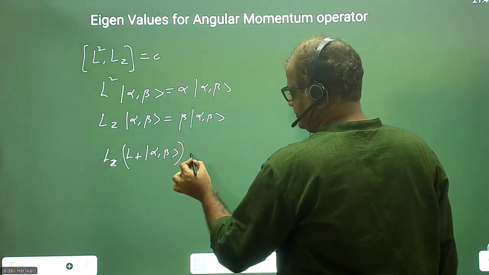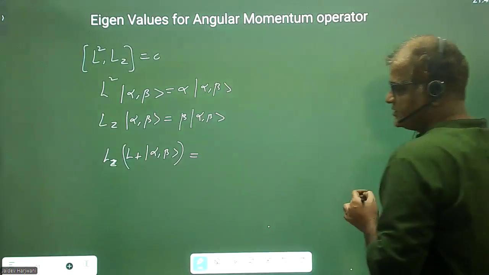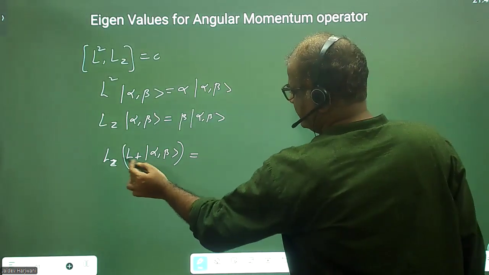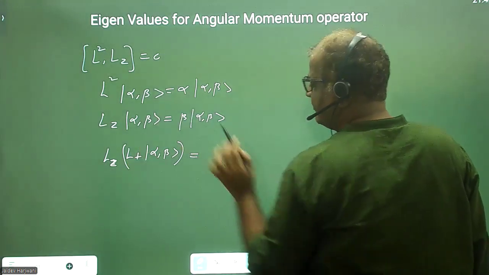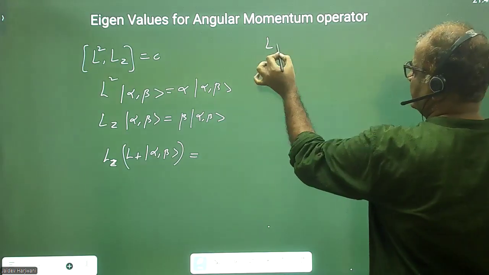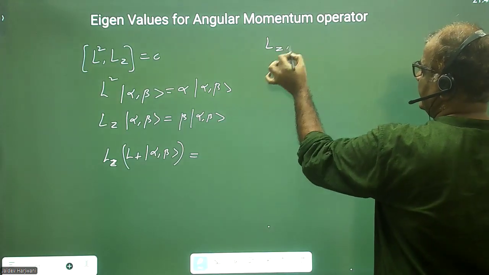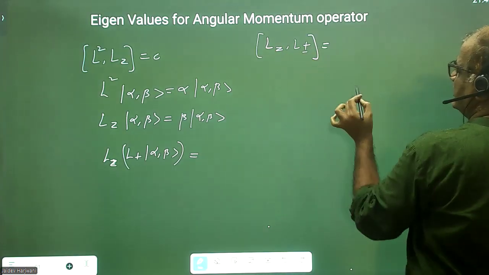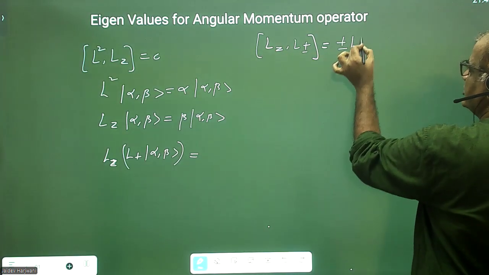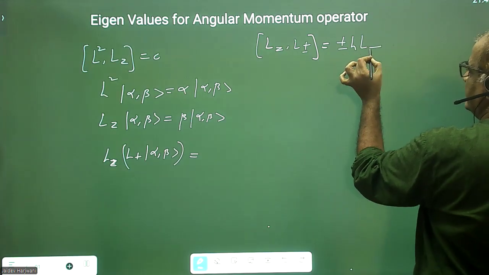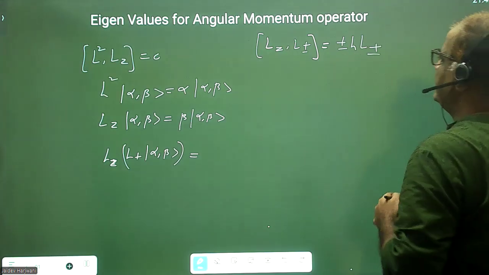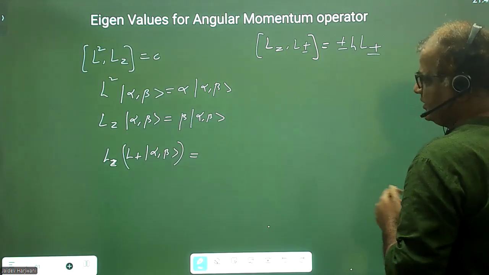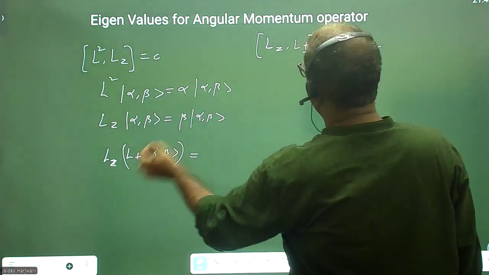In my last class, we showed that Lz and L plus do not commute. When I take the commutator of Lz with L plus minus, I get plus minus H cut times L plus minus.